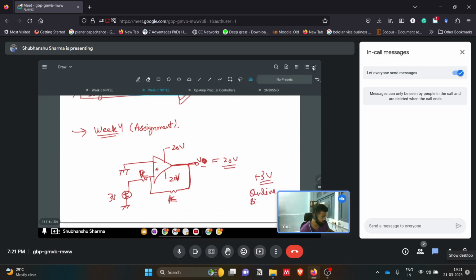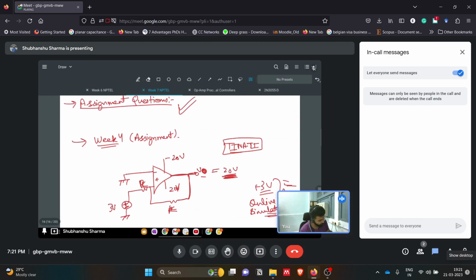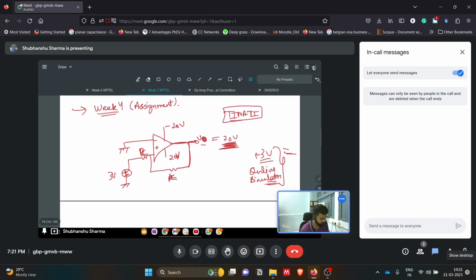But I checked with Tina TI, which is itself software for realizing these analog circuits, and I was getting this output only. Maybe there was some glitch in the software, or he has not built the circuit properly. But the answer will be 20 volts itself.